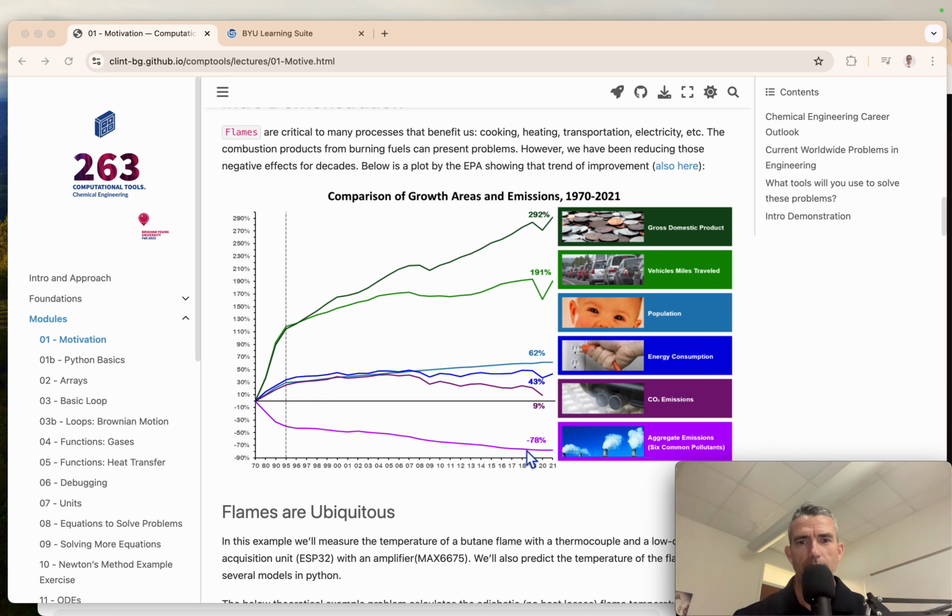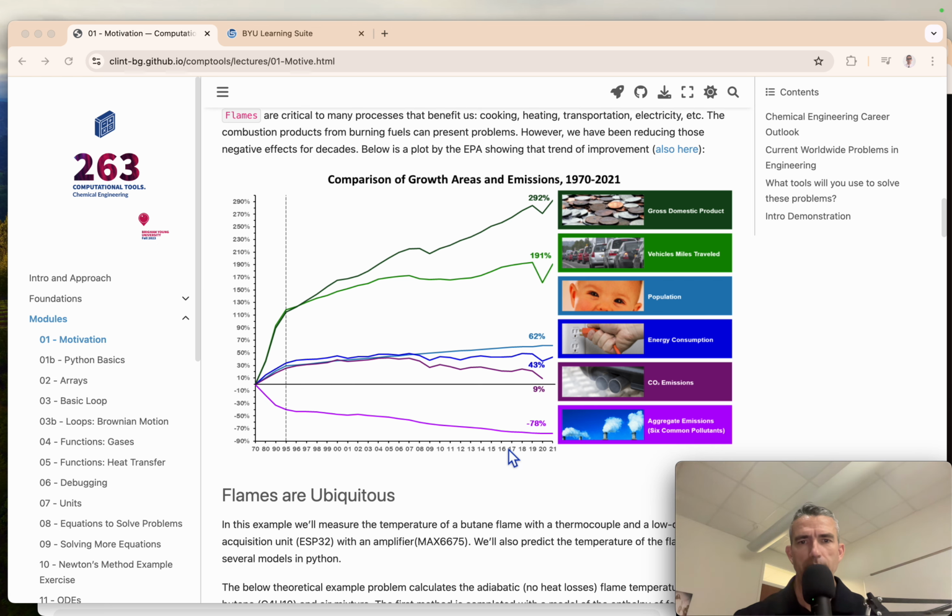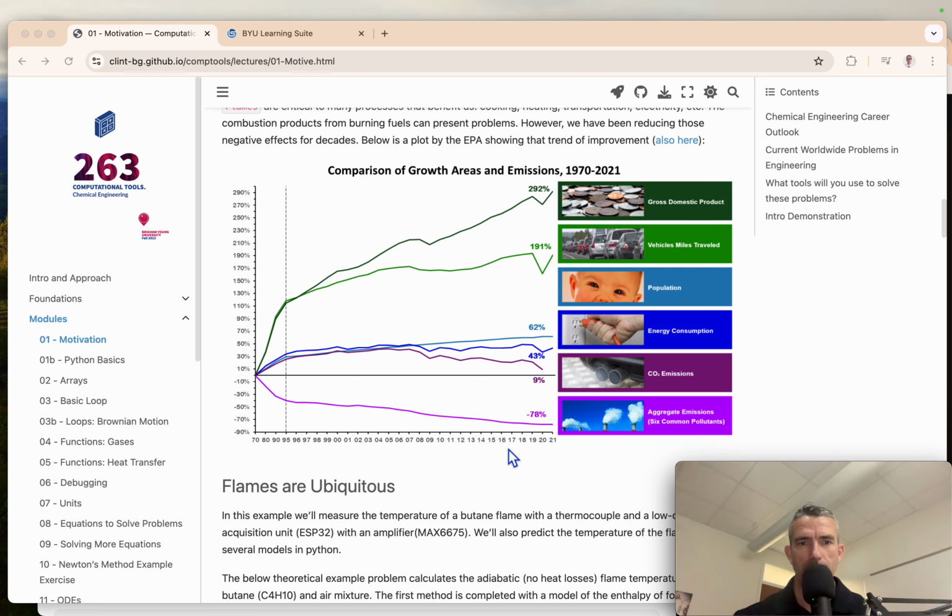So over the years we've decreased those emissions substantially, and our CO2 emissions have gone down, whilst we have increased our population, this blue line here, by 62%. So this is really a great plot and shows the progress we've been making, and a lot of that progress is because of engineers like you.